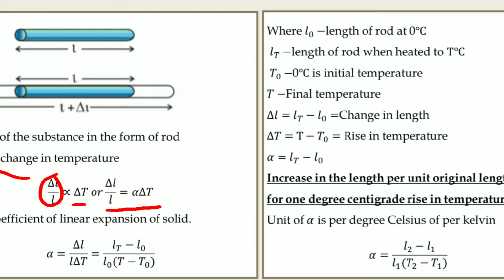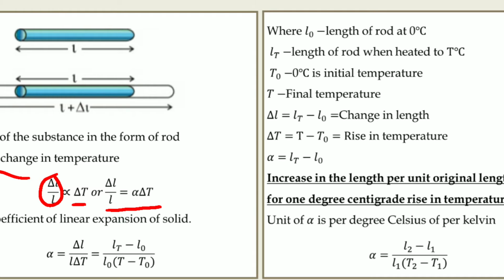Okay, and LT is the length of the rod when the rod is heated to T degree Celsius, or the final length of the rod after heating. Then L0 in bracket T minus T0.